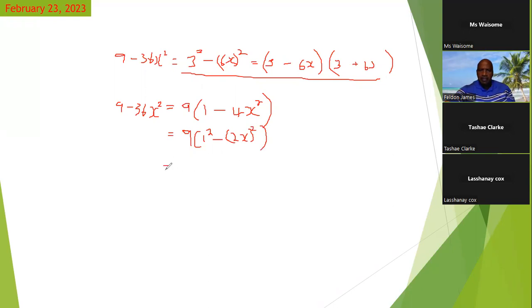So now we can factorize what is in the brackets by the difference of square method. So we would have two brackets. What would now go into these brackets? The bases, sir. All right, so you'd have 1 and then 2x, here we would have 1 again, then 2x.